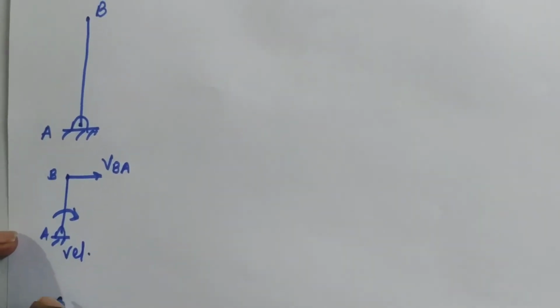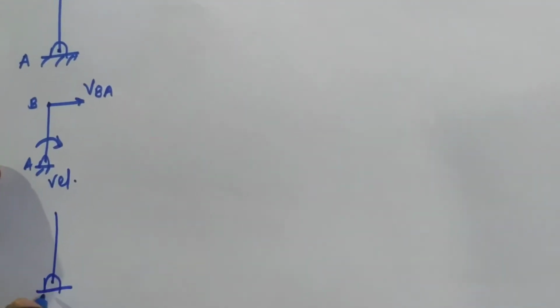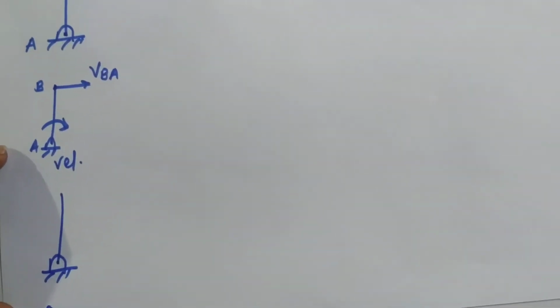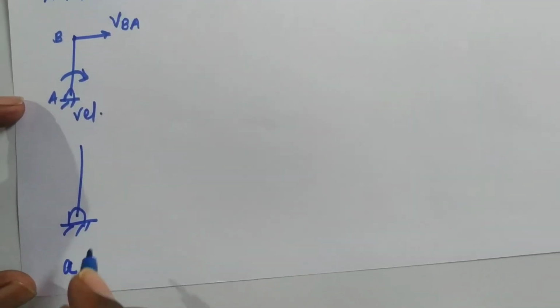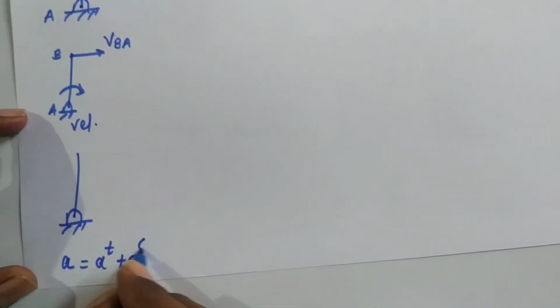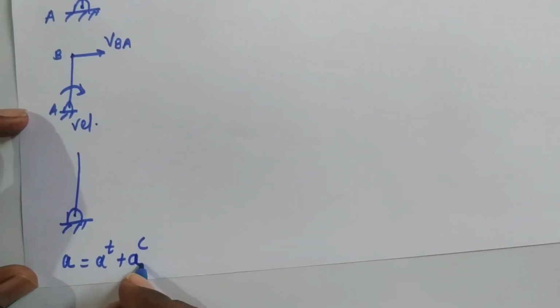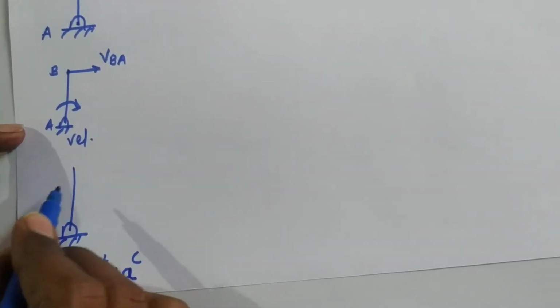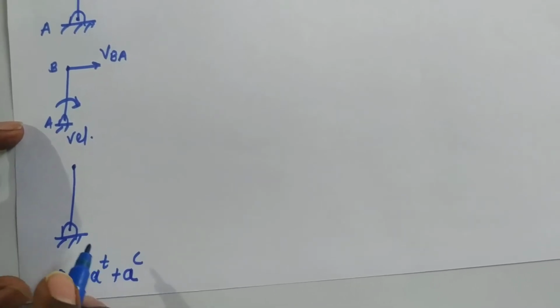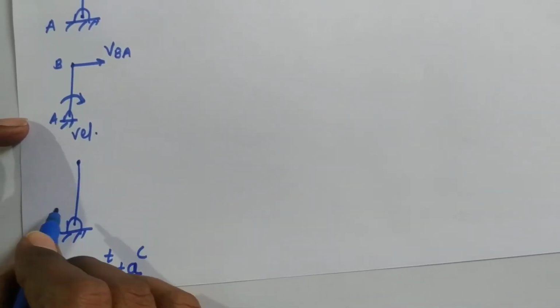And if I'm finding acceleration on the same link, we know that there are two components of acceleration. Total acceleration A will be equal to tangential acceleration plus centripetal or normal acceleration. When I'm finding acceleration of B with respect to A, its tangential acceleration will be perpendicular to the link in the direction of rotation.